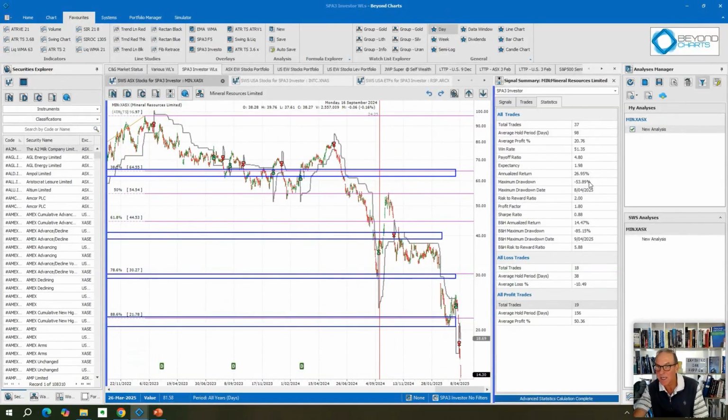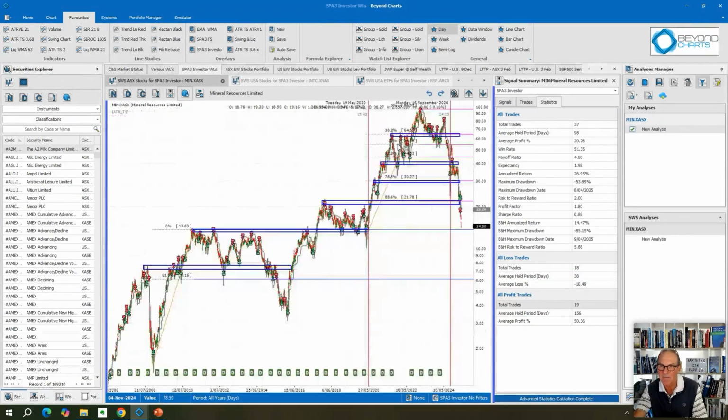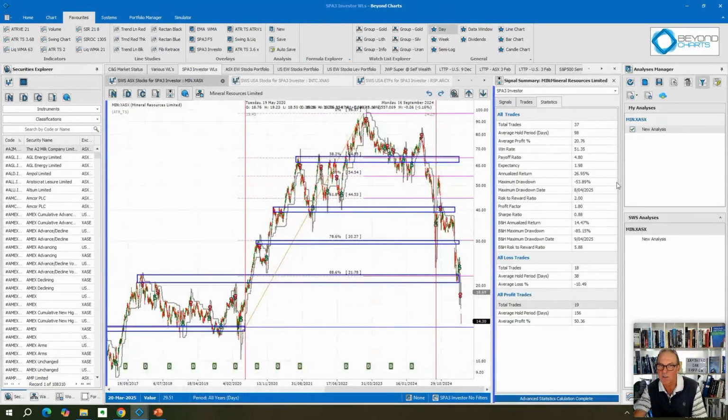So yes, at some stage you lost half of your one stock portfolio, but you still got 26.95% annualized return. So it gives the date, and it is even better before that. Because it's using compounding and taking 100% of the portfolio, you're now sitting at 53%, but it doesn't give the other drawdowns along the way.